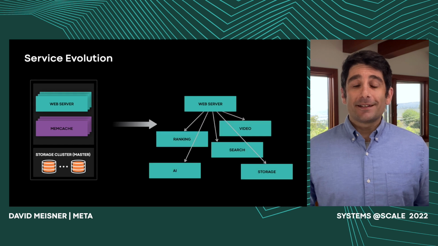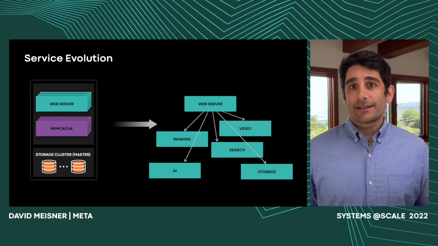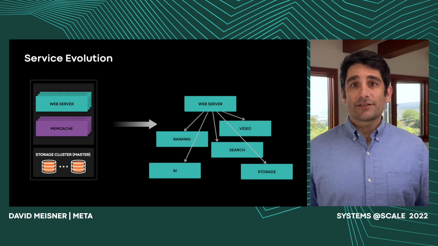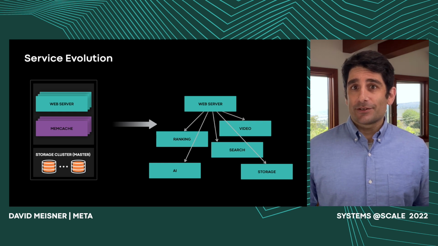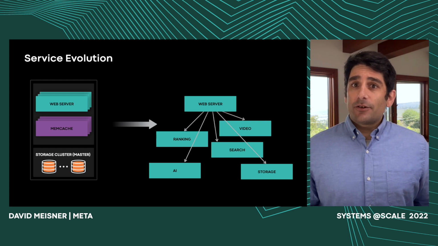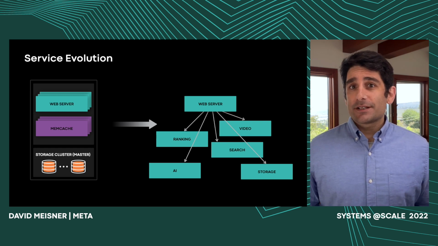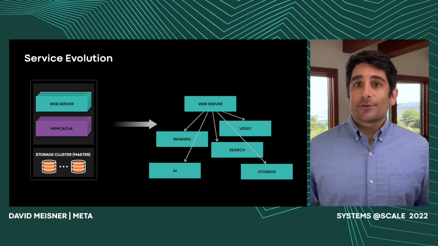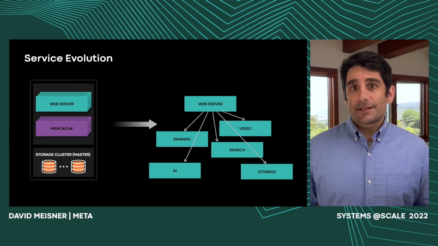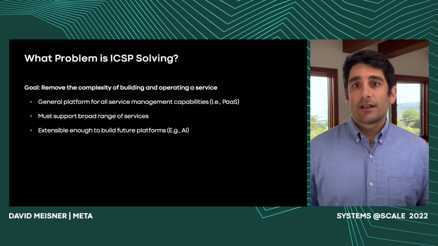As Meta has expanded into new and interesting products like Instagram, WhatsApp, messaging, the backend services needed to support these types of applications have grown in both complexity and number. So now, if you look at our backend architecture, we have lots of really interesting and complex service workloads like video processing, search, or AI. And this is very exciting, but anyone who's run a large-scale service knows that this is a complicated task.